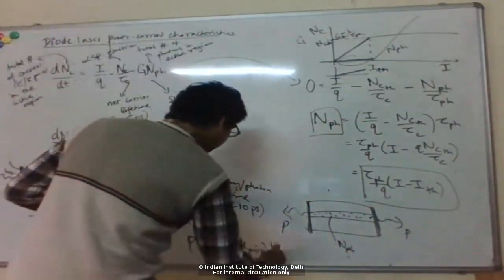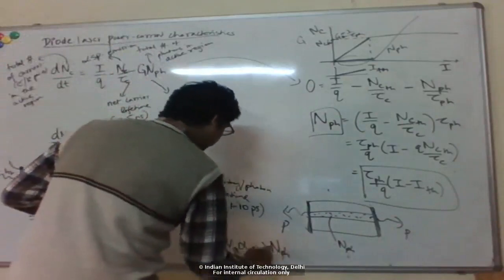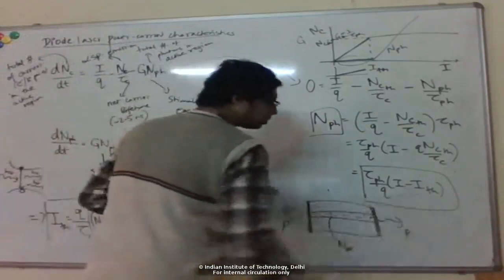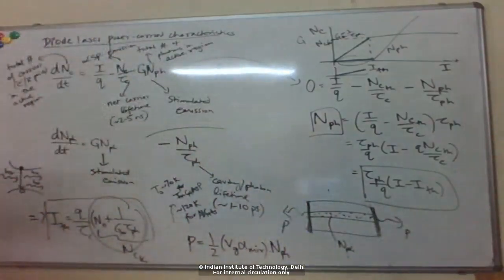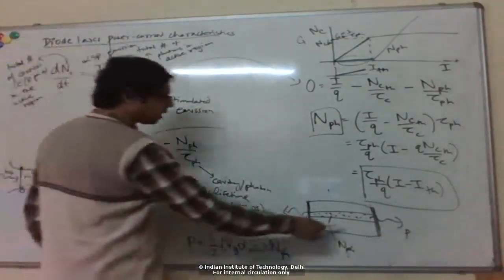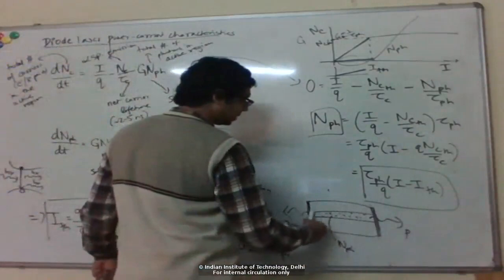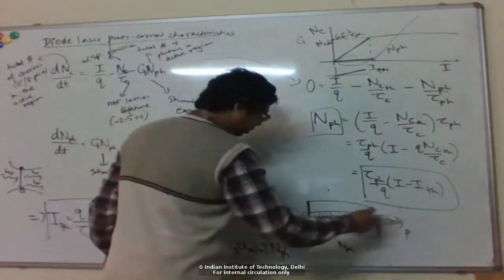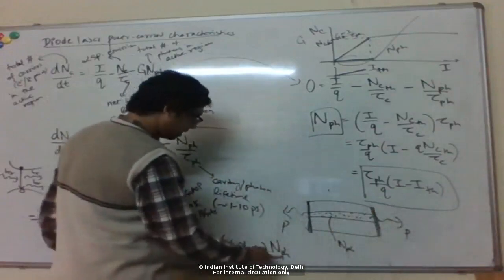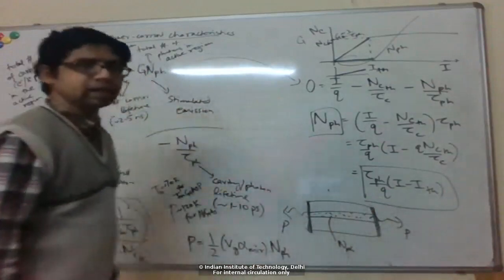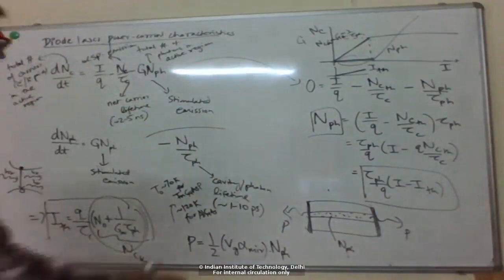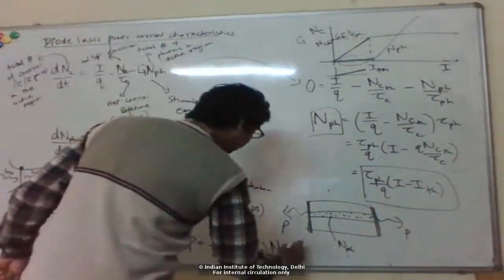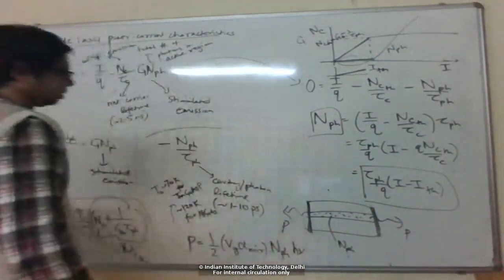So these are the number of photons coming out per second. n photon is the number of photons in steady state inside my device. The rate at which photons are coming out per second is that multiplied by the mirror loss rate. And if I want to look at power in terms of watts, then I have to multiply by the photon energy.